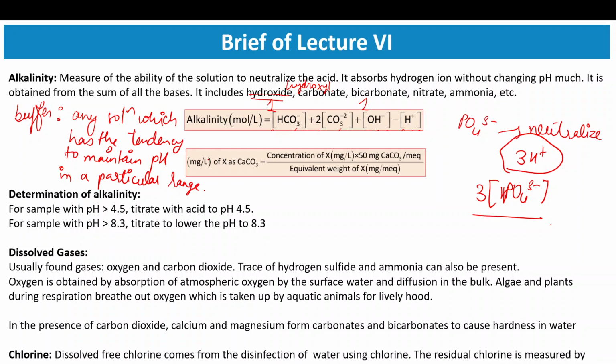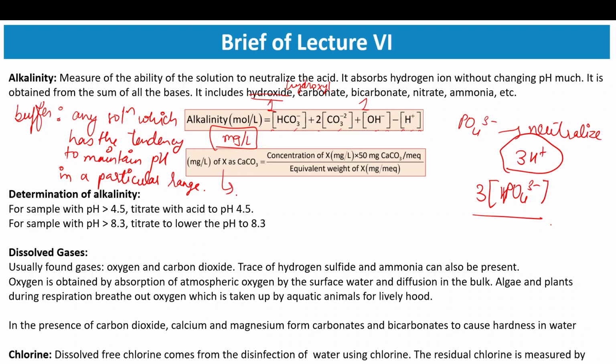So here, if we want to convert this alkalinity in terms of calcium carbonate, we take the concentration of any X in which we want to measure the alkalinity, in milligrams per liter.